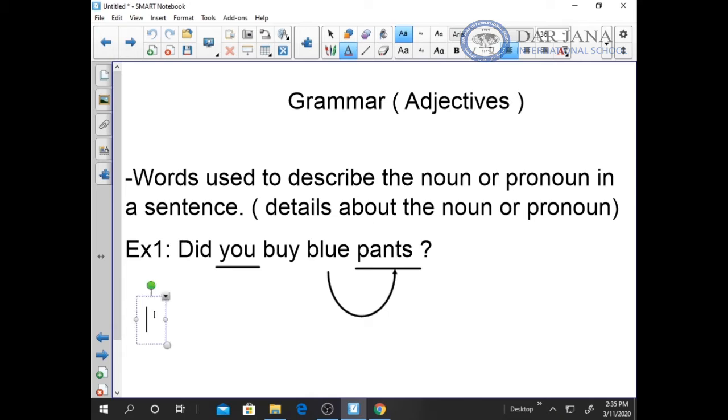So the first question that an adjective answers is the question, what kind? So we need to know that the first question answered by an adjective is what kind. So adjectives answer the question, what kind.